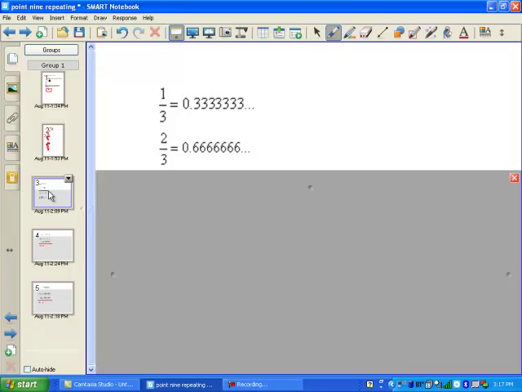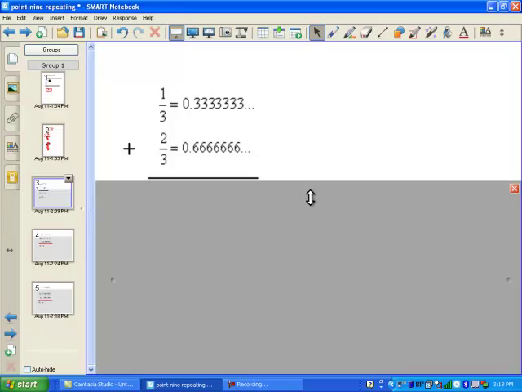We've already talked about the fact that 1/3 is equal to 0.3 repeating infinitely, and 2/3 is equal to 0.6 repeating infinitely. So how about this? What if we add 2/3 and 1/3?